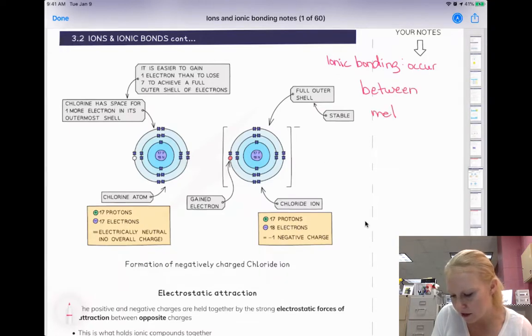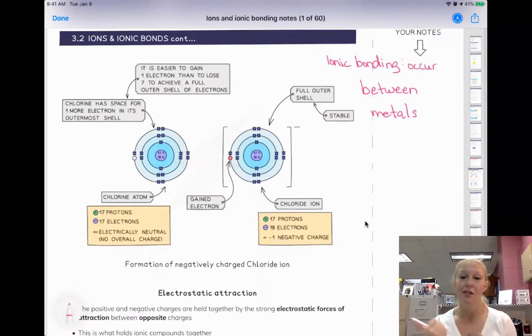So remember, metals are those on the left-hand side of your periodic table, before that staircase, and my nonmetals are to the right-hand side of that zigzag line. And I know on this video it's got my fingers going different ways, but I said that wrong.